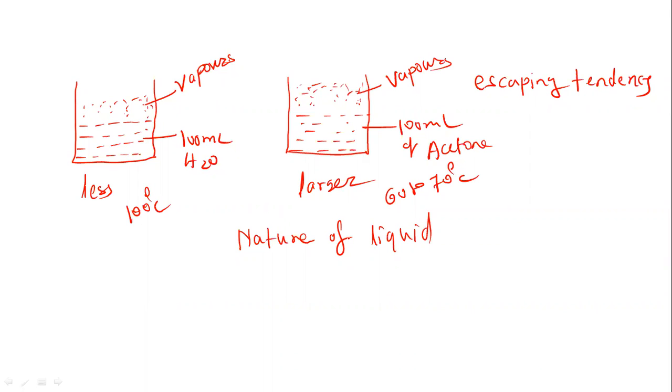Nature of liquid means if the liquid is different, vapor pressure is different. It also depends upon the temperature. At constant temperature, vapor pressure is constant. But as we increase the temperature, vapor pressure increases, because by increasing the temperature, more vapors are formed.